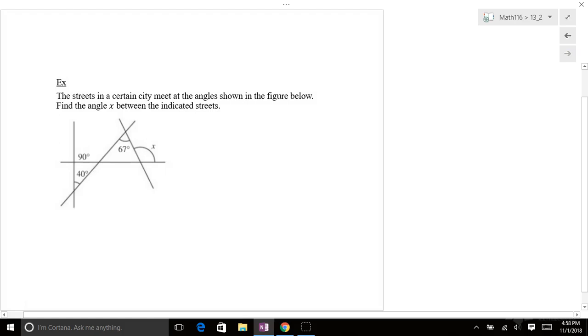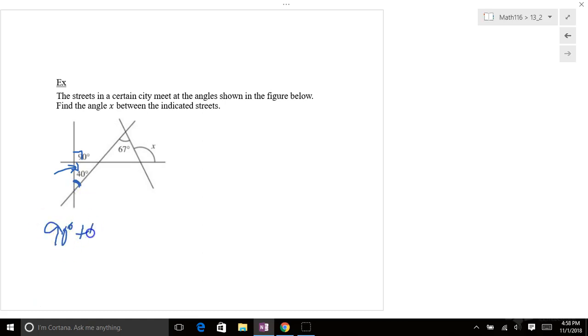Well, let's use some of our knowledge of geometry here to solve this. If this is 90 degrees right here, that means this will be 90 degrees right here. And now you've got 90 degrees right there, you got 40 degrees right here.